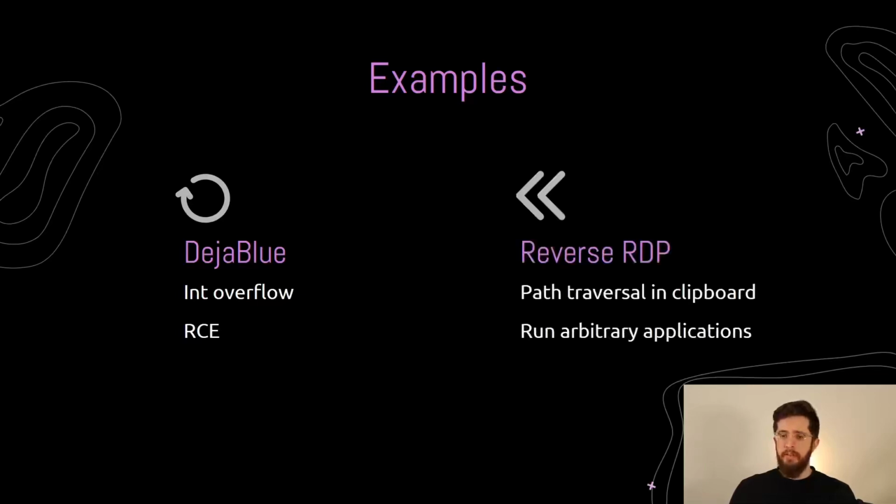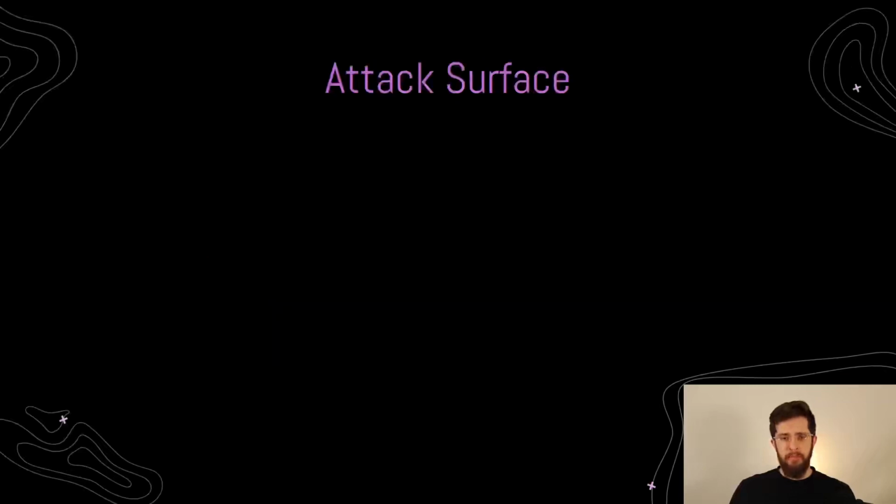And for the second vector, we had reverse RDP, which was a path traversal bug in Microsoft's RDP client that allowed an RDP server controlled by an attacker to run arbitrary applications on a client that is connecting to it. So these are the two examples that we give.